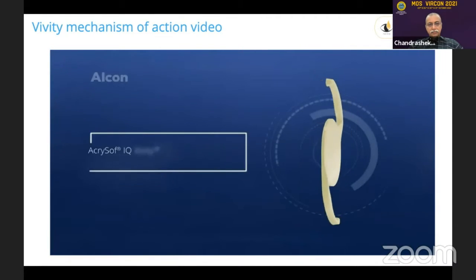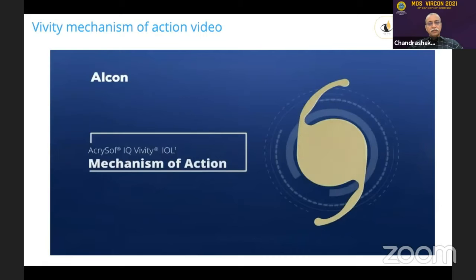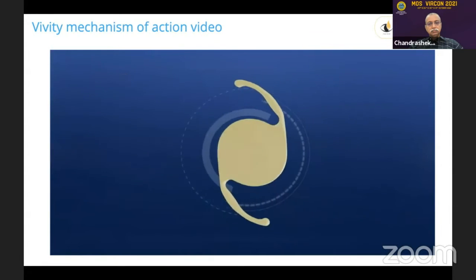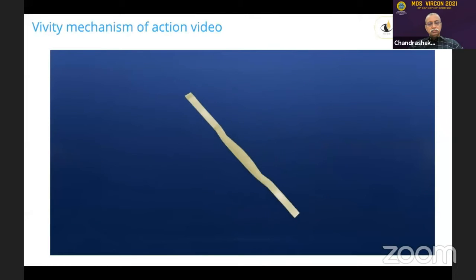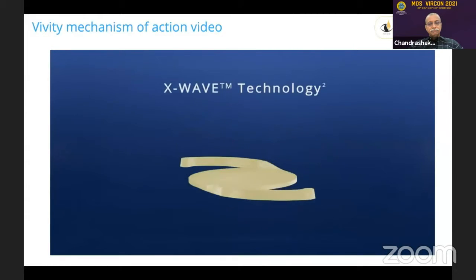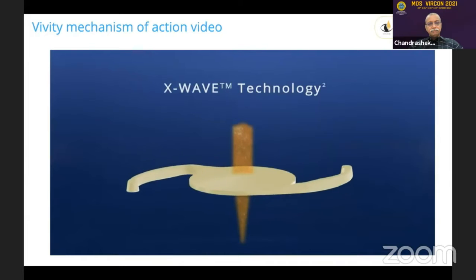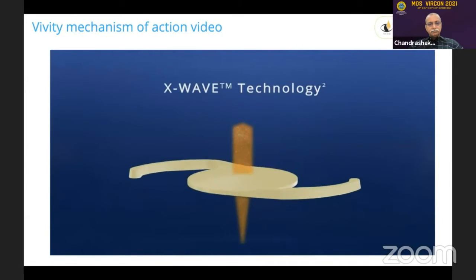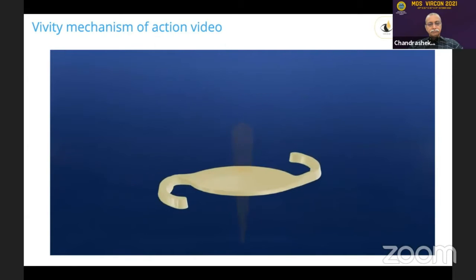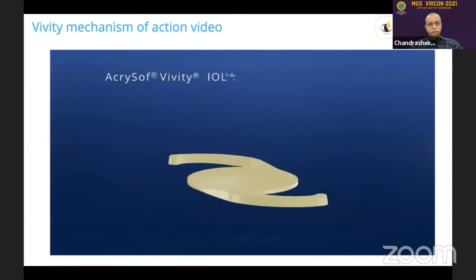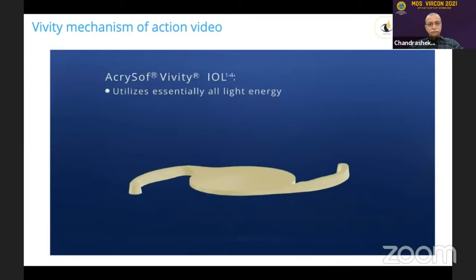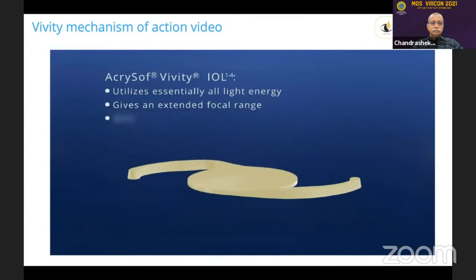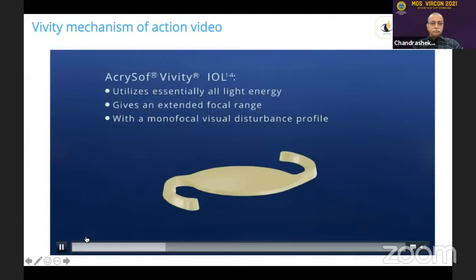Welcome to this video on the mechanism of action of the Acrysof IQ Vivity IOL. The Acrysof IQ Vivity IOL is a first of its kind, non-diffractive presbyopia correcting IOL that utilizes X-wave technology to stretch and shift the wavefront. It utilizes essentially all light energy, giving patients an extended focal range with a monofocal visual disturbance profile.